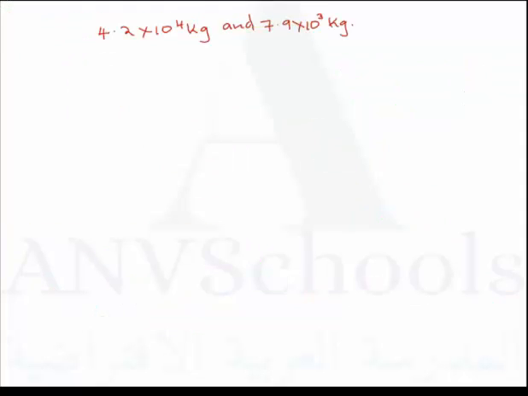If we have a number like 4.2 times 10 power 4 and 4.2 times 10 power 3, then we have to reorganize so that the exponents will be the same.